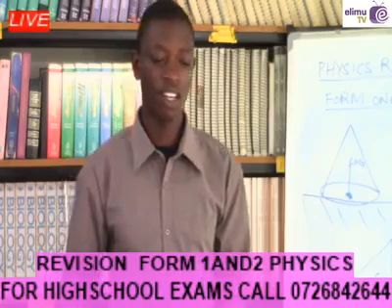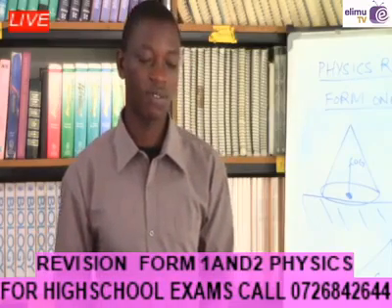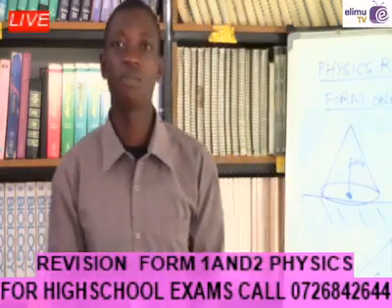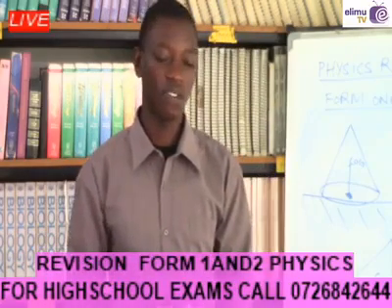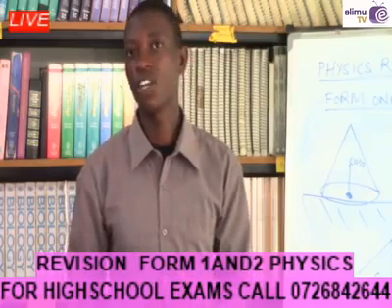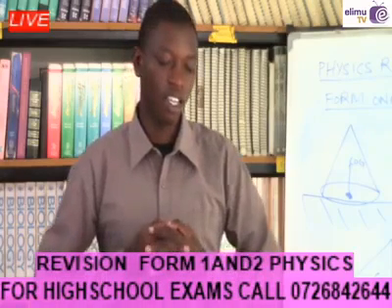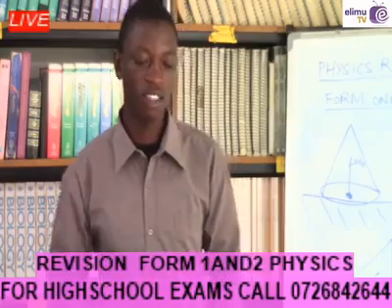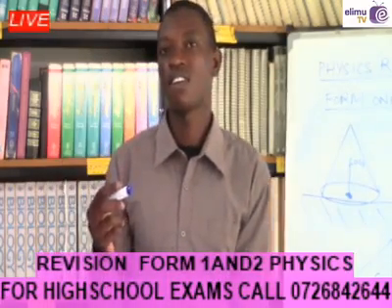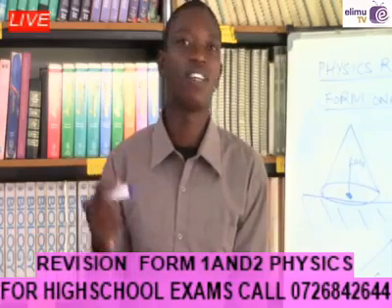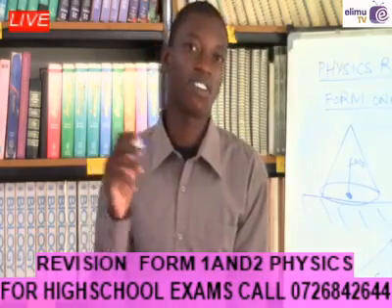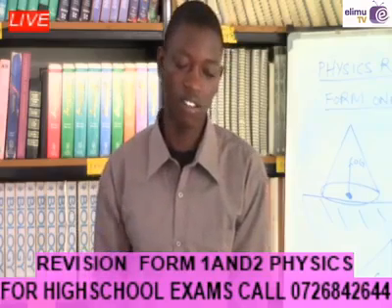Another question for Form 2 students comes from what we call magnetic shielding. What is magnetic shielding? This is a point which I illustrated in our previous lesson, in magnetism, and I hope as a student who has been following Elimu TV, this is one of the easiest questions. Magnetic shielding refers to properties which have the ability to concentrate magnetic fields and therefore prevent them from reaching a certain region.